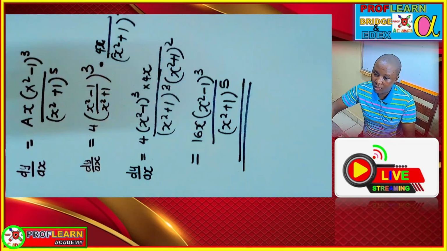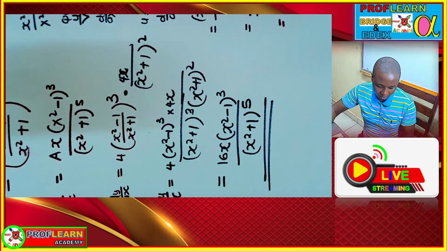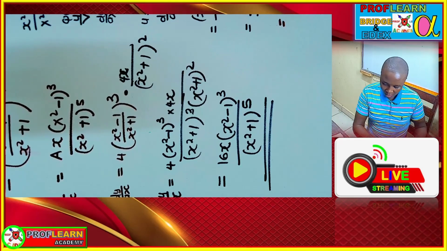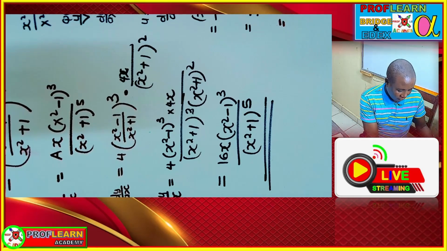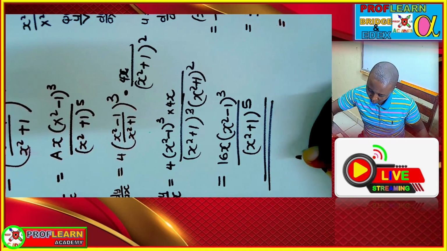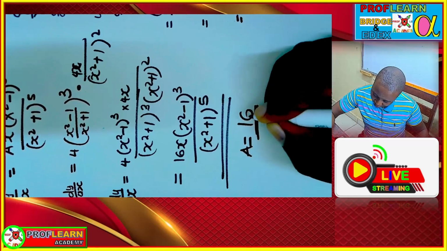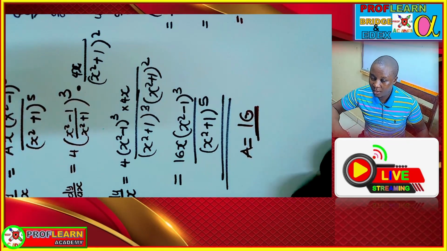That is what this equation will become. Since the question was asking us to find the value of a, an integer to be found, we can say a is equal to 16. So basically that is our dy/dx.